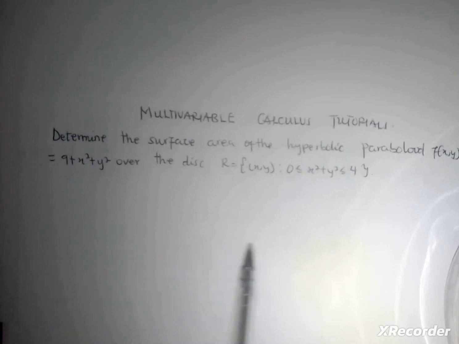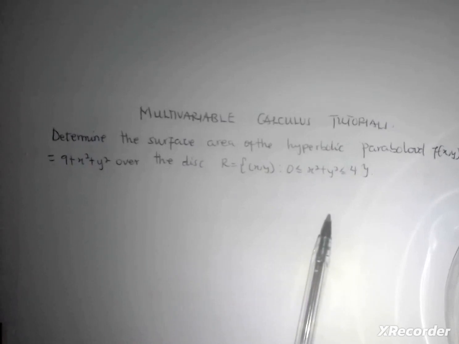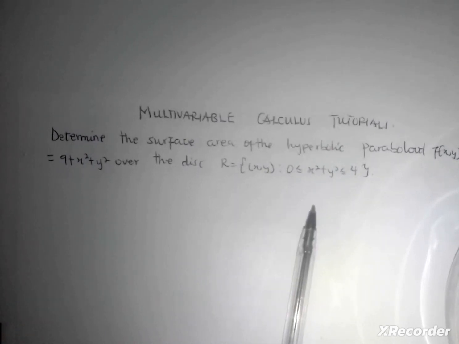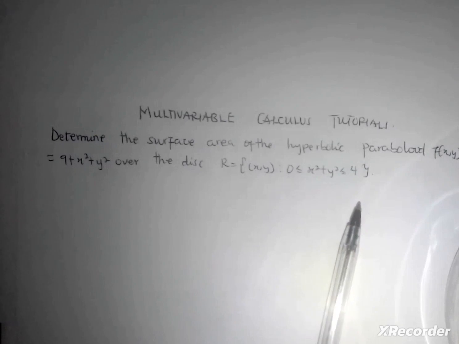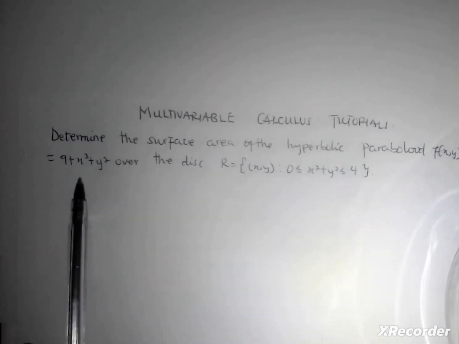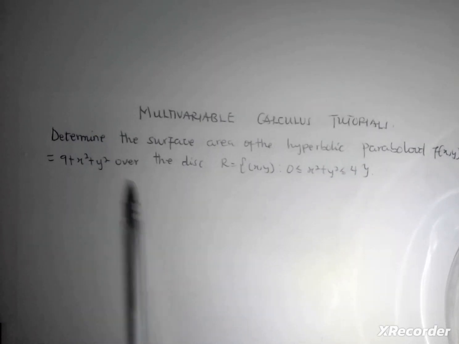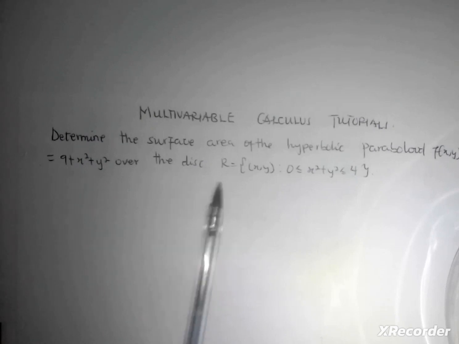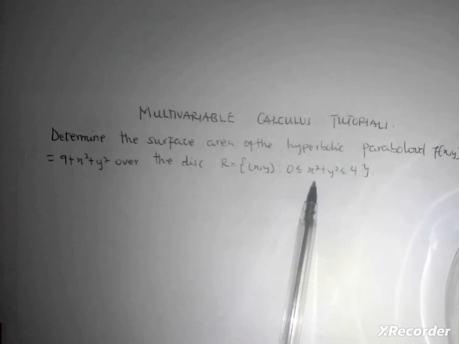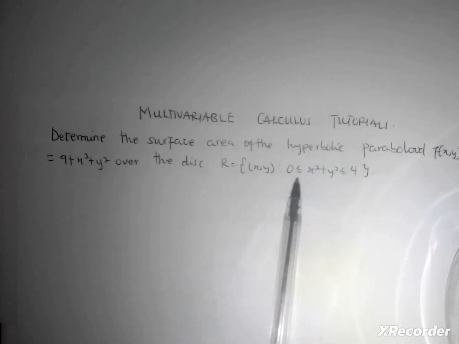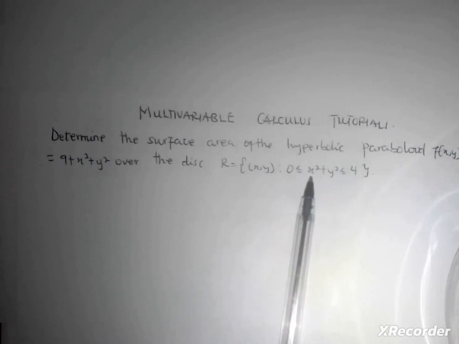Determine the surface area of the hyperbolic paraboloid f(x,y) equals 9 plus x squared plus y squared over the disk R, which is x squared plus y squared greater than or equal to 0 and less than or equal to 4.